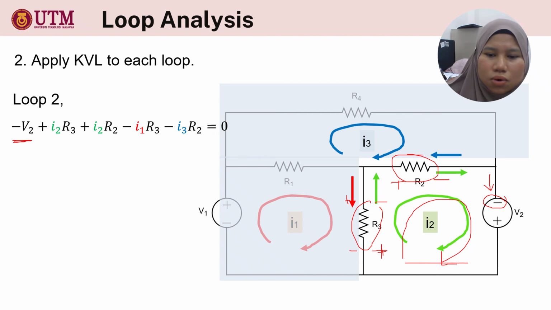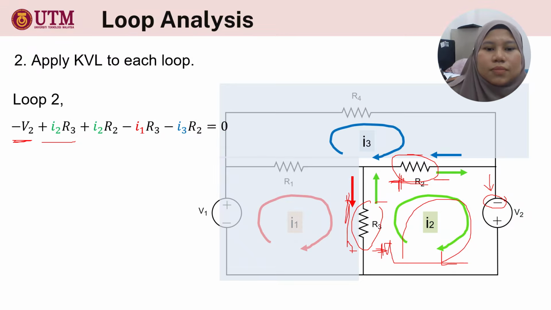And then go to here. This is positive, you said it already. Don't use the previous one. So positive I2 multiplied with R3 plus I2 multiplied with R2, because this is positive, positive, positive.